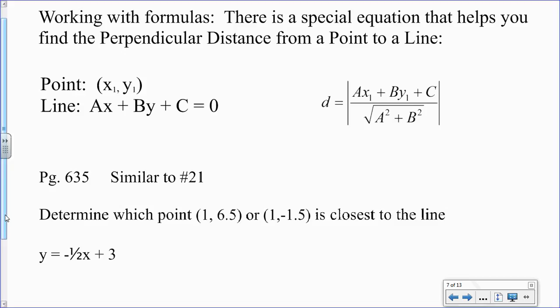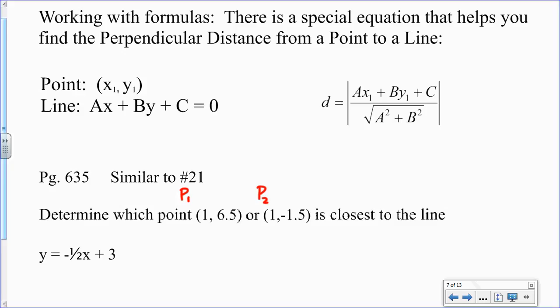So first of all, here's my line. I want to know which point is closest, so I'm going to be doing this formula 2 times, because I'll call this point 1 and this point 2. But I'm using the same line, so I need to get this in Ax + By + C form.